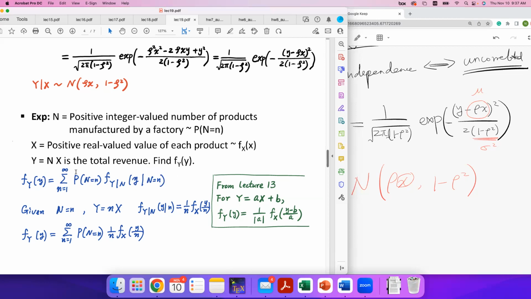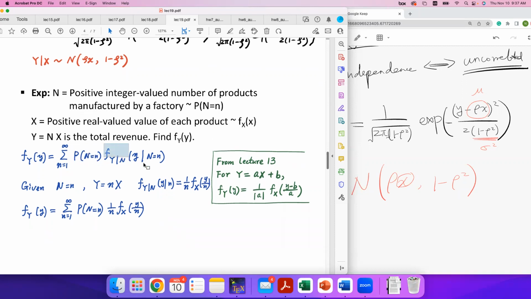Well, the entire space can be partitioned by these discrete realizations of the number of products. And then we need to look at this one, okay? Because this one is already given.